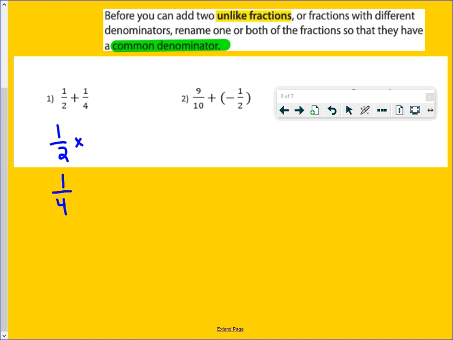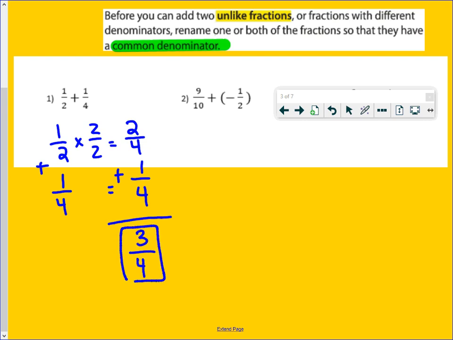We're going to multiply 1/2 by 2, which gives us 2/4. And this one we just keep the same. Remember, we're adding, so we're adding 1/4. Our denominators stay the same. So our final answer is 3/4, and we don't need to simplify that one.